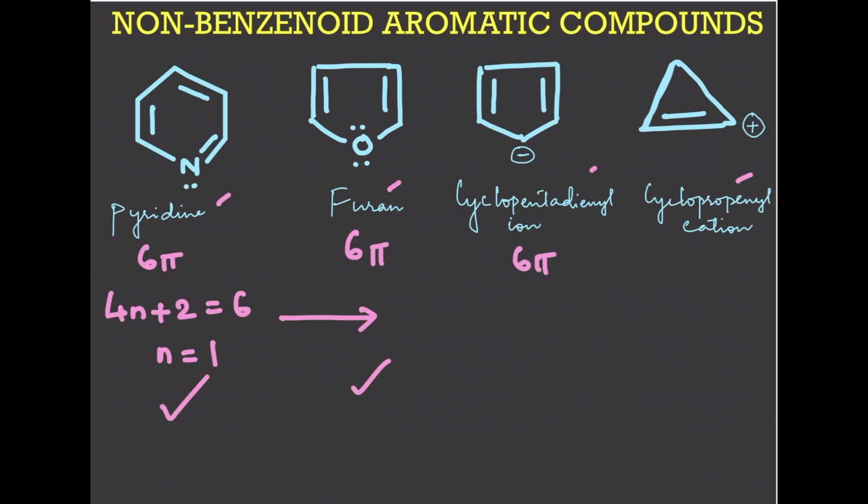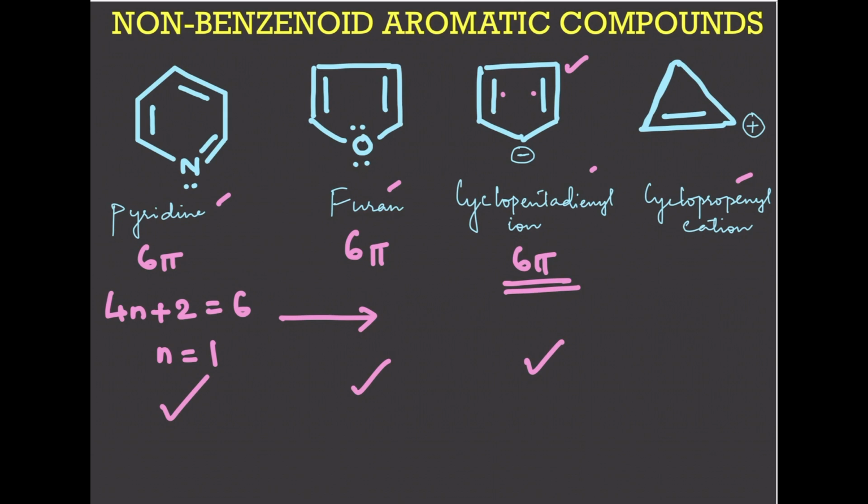The system is cyclic, as we can see, it has a ring in its structure. Secondly, it is conjugated because this negative charge is in alternate position to a pi bond, and this pi bond is in alternate position to this pi bond. So of course there is conjugation in the molecule. So planar, cyclic, conjugated, as well as 4n plus 2 pi electrons makes the cyclopentadienyl ion an aromatic ion.